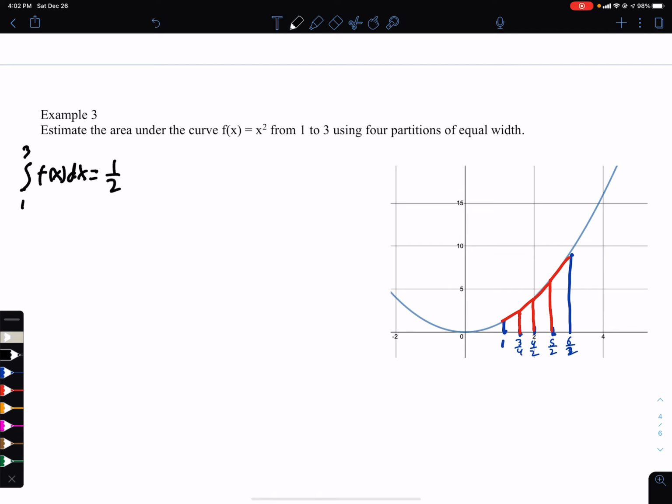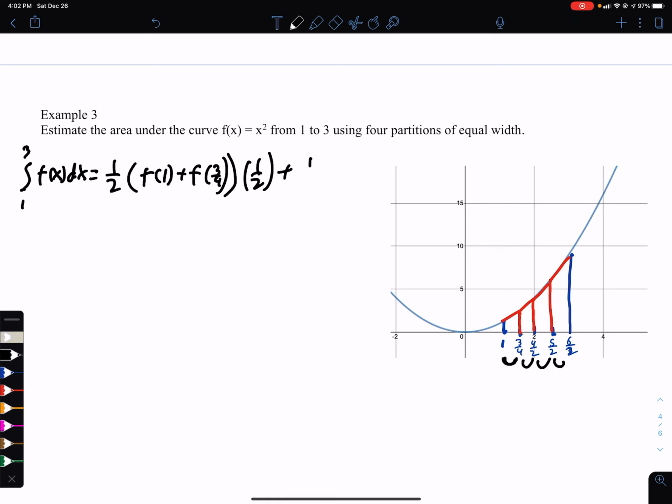So 1/2, the first partition, the bases, it's going to be at 1 and at 3/4. So it's going to be the function at 1 plus the function at 3/4 to get each base. And the width is always a 1/2 in all those.